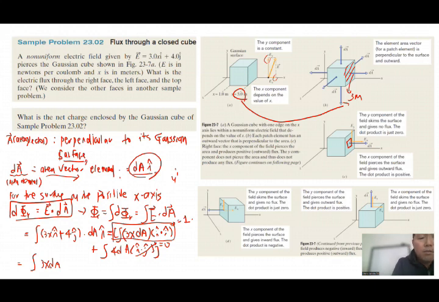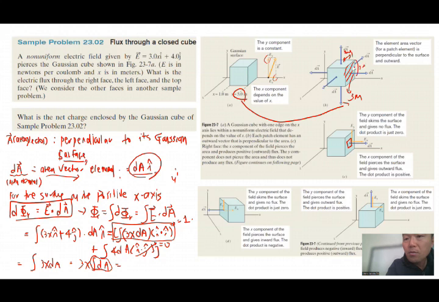Then you have the integral of dA, which is the area of the right face of this Gaussian cube. One side of this cube is 2 meters.